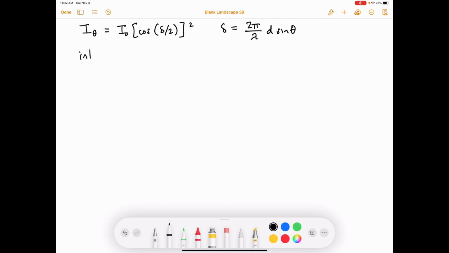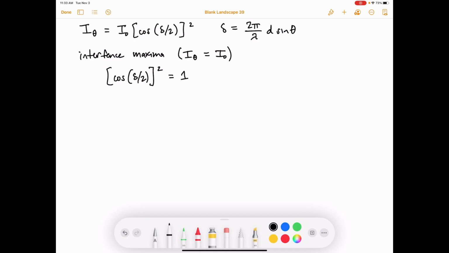Now, if we want to use this to figure out the locations of the interference maxima, these are positions on the screen where the intensity is equal to I0, that's the maximum intensity. Well, the only way for this to work is if cosine delta over 2 squared is equal to 1.